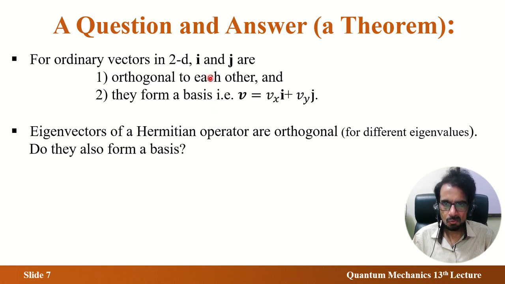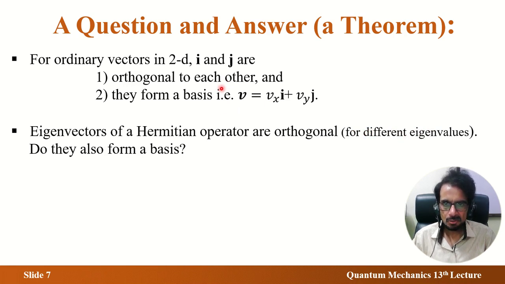If they are orthogonal, and we have proved in the previous slide that Hermitian eigenvectors of a Hermitian operator are orthogonal, although there is a condition as well, for different eigenvalues.